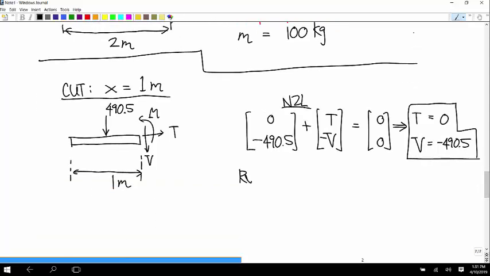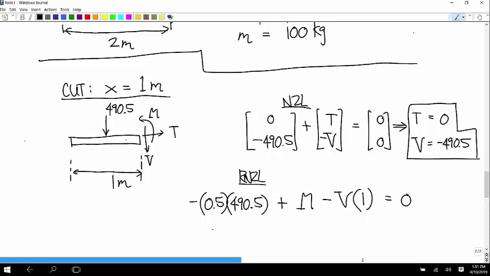And then the moment equation. So first we have a force of 490.5. What's its moment arm? 0.5. And is it a clockwise or counterclockwise moment? Clockwise, so this is all negative. And then plus M minus V times, what's its moment arm? It's x, but x is equal to 1 in this case.